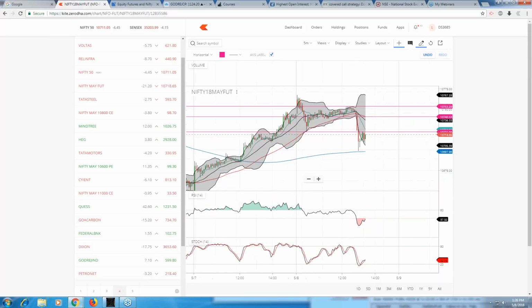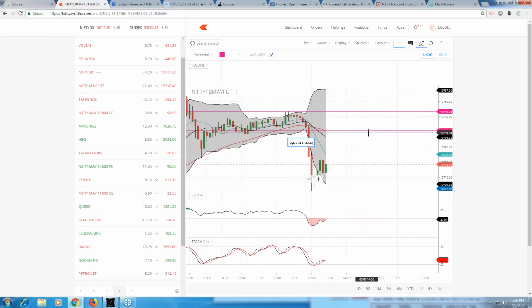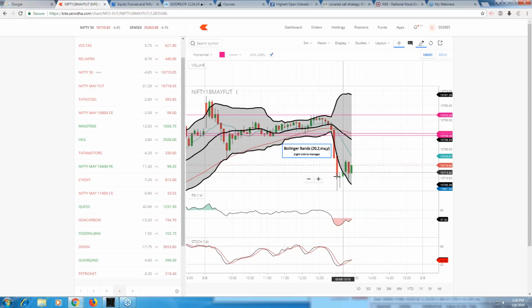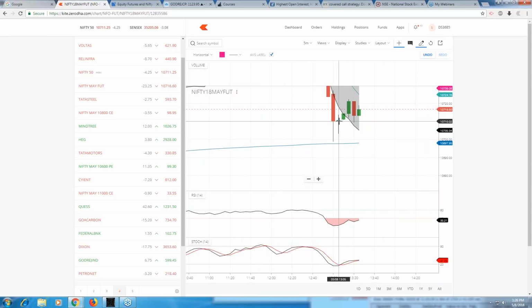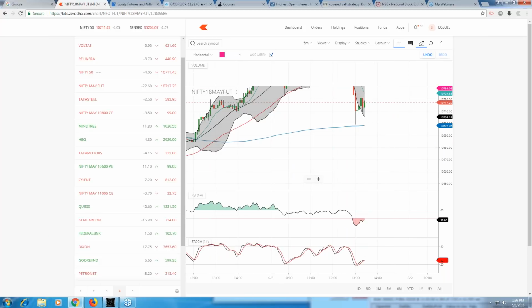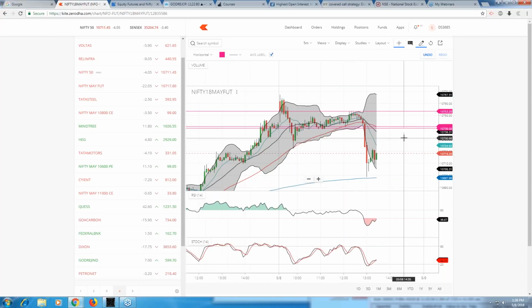It's a doji. Doji means indecisiveness in the market. The moment this candle completes, 10,710 is going to be your buy back opportunity, right? How many points do you get? Roughly about 30-35 points. So this is how you can take entry and exit based on Bollinger Bands.